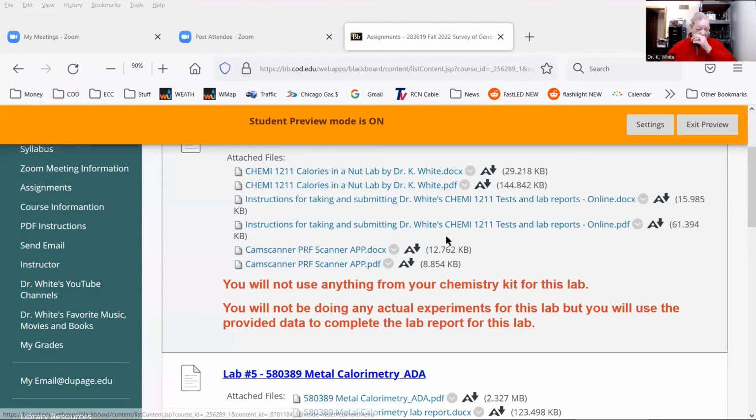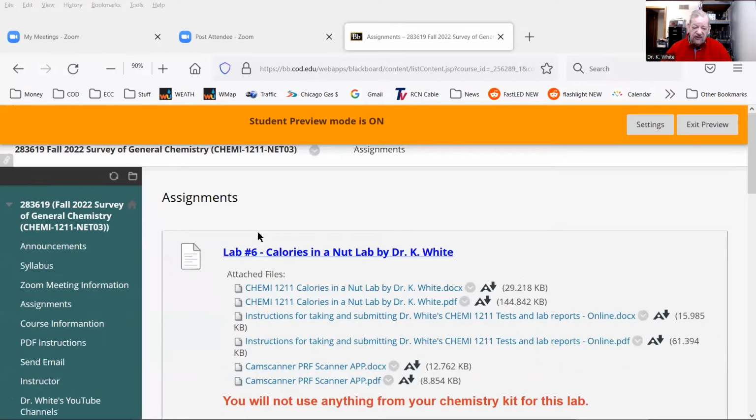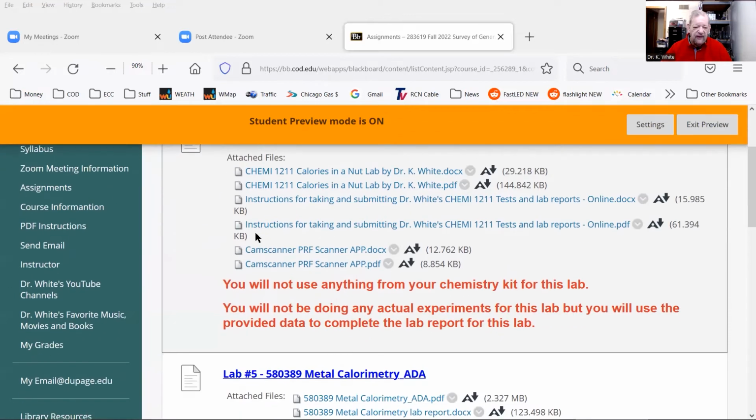And let's go to Blackboard. I mentioned it yesterday, but I don't know if I stressed it enough. In student view, this is Lab 6, which I covered yesterday. It's due next Tuesday. You will not use anything from your chem kit.